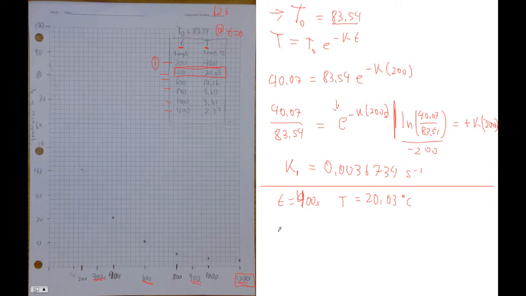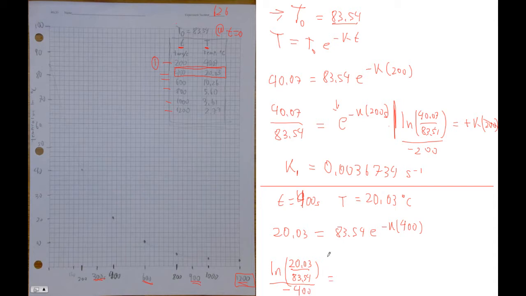So we're just going to plug this in. 20.03 equals, our initial temperature is still 83.54, e to the minus k times 400. Then we'll do the math and we'll end up with natural log of 20.03 over 83.54, all of that over negative 400.